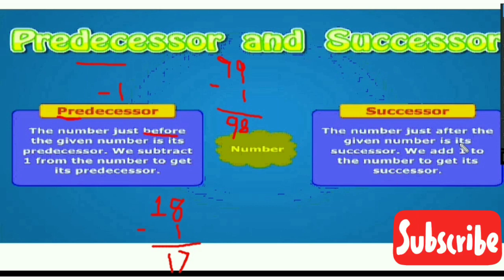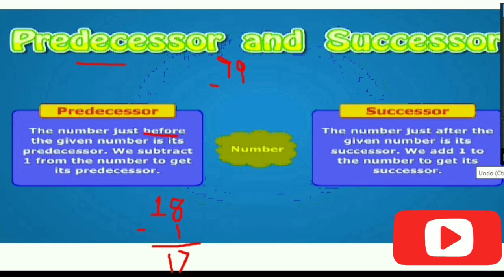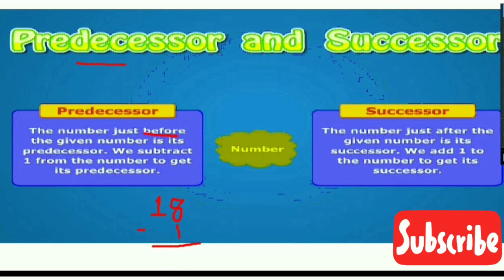Okay, now let's see what is successor. The number just after the given number is its successor. We add 1 to the number to get its successor. Okay, if I am giving you example 100.